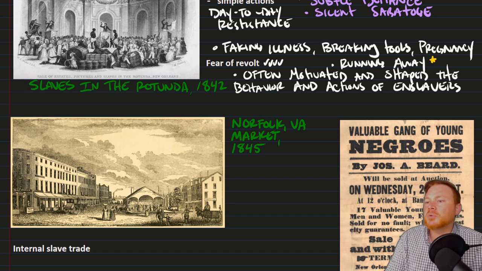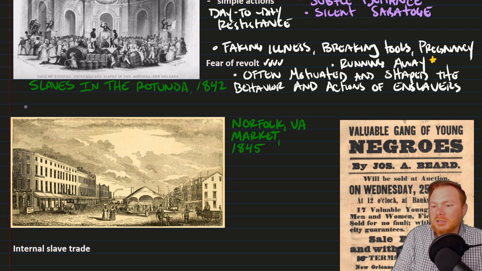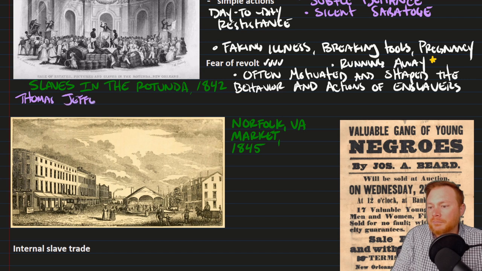In fact, your textbook goes on to describe some of Thomas Jefferson's views on this. And Jefferson, at least we'll say, endorsed colonization.